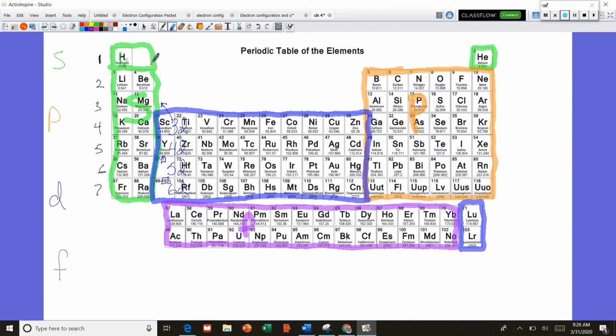Now, just like in D we go one level up, F goes 2 levels up. So notice that these 2 levels would be on the 6th and 7th period, but when we fill it, this one is going to be 4F, and this one's going to be 5F.